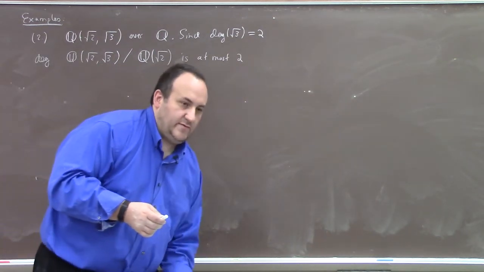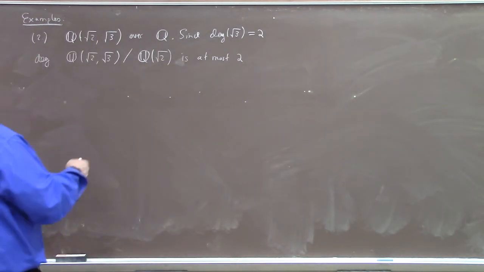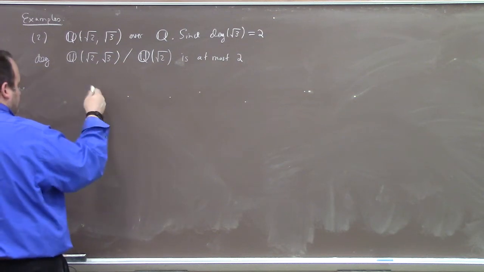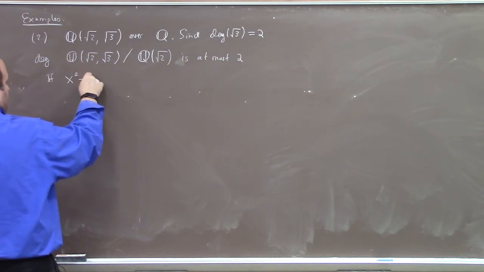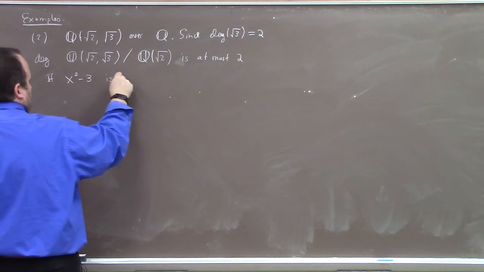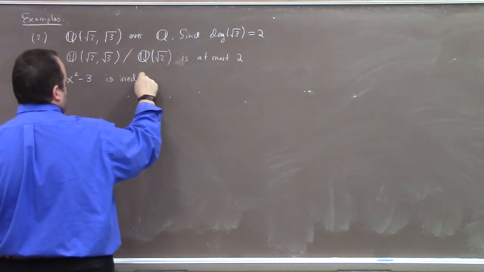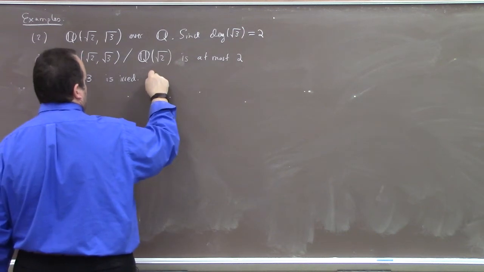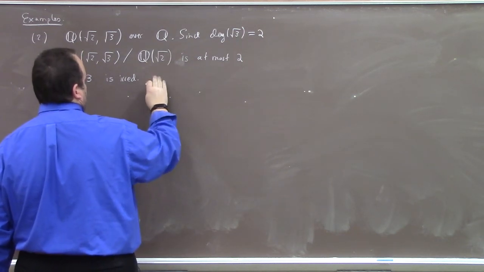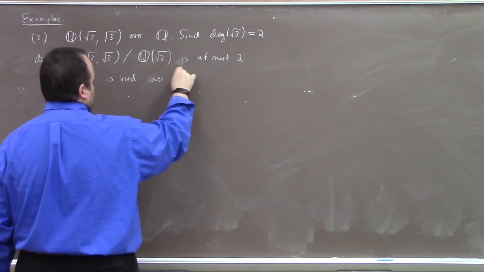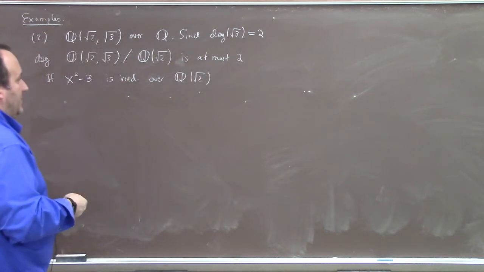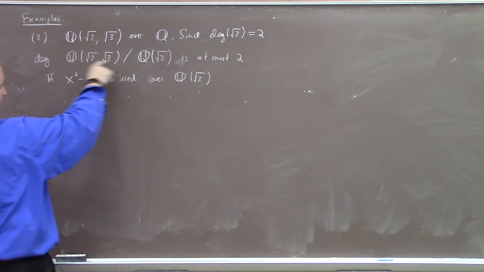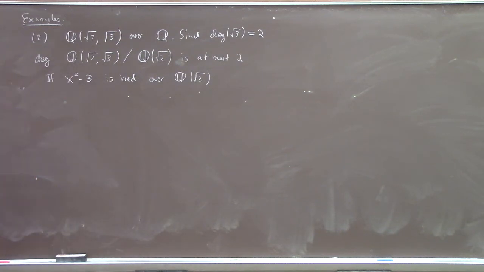So if x squared minus 3 is irreducible over Q adjoin root 2, then that would give us that this is a degree 2 extension.